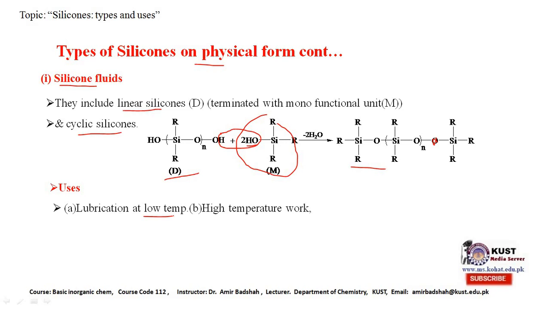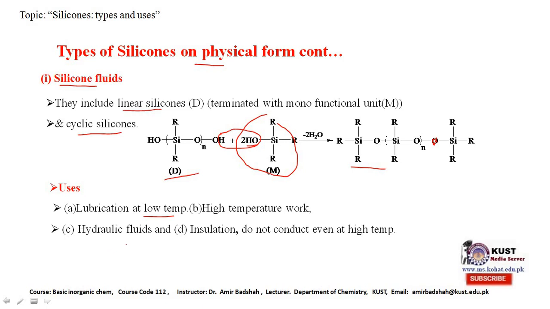So we can easily use them for lubrication purposes. Second is that at a very high temperature, they can work. Some other lubricating materials are also available, but at high temperature they can evaporate. But in this case, their boiling point is very high. They cannot evaporate easily, so they work at a very high temperature too.